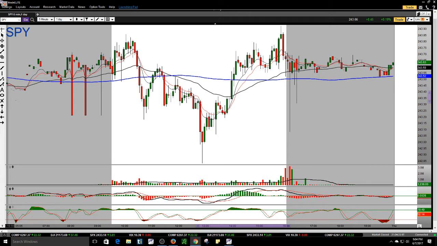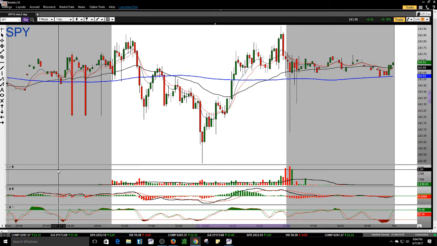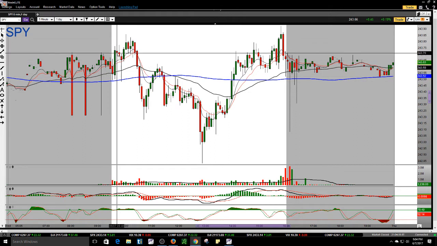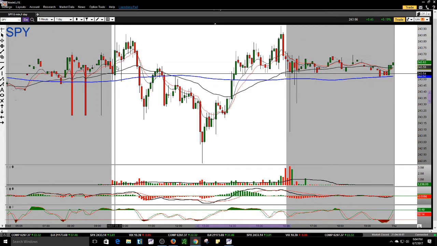For example, you'll see a bullish candlestick in an area on a chart where, look at SPY, for example, a huge bullish engulfing where the candle engulfed the previous candle, engulfed the first candle, right?